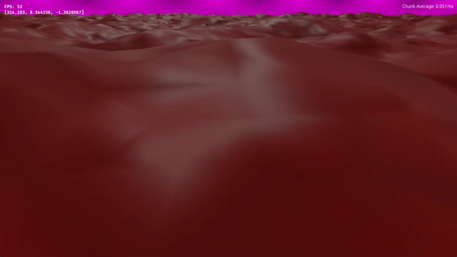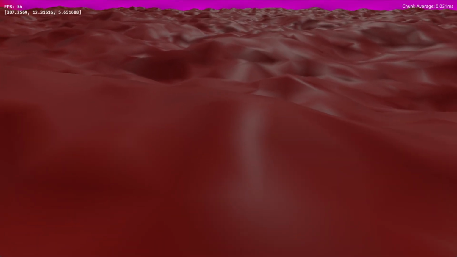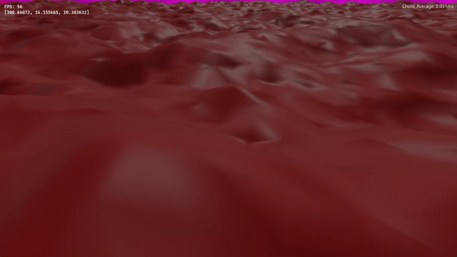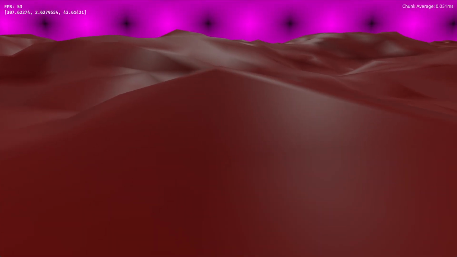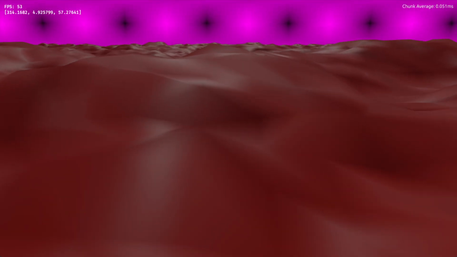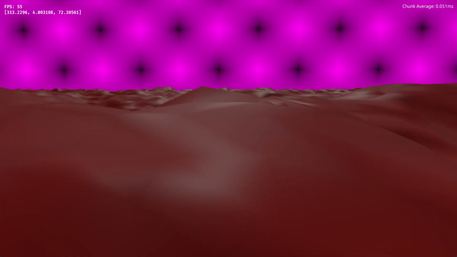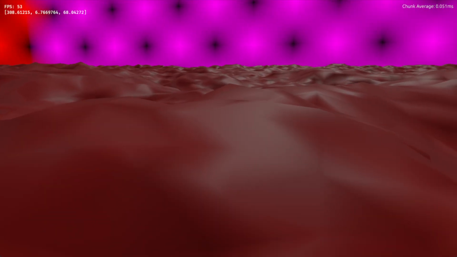The lighting calculations are a little weird now because they automatically attempt to make it look smoother than it actually is. And it usually does a pretty good job, but when the level of detail is this low, it looks a little retro, which is kind of cool. But my goal is for this level of detail.